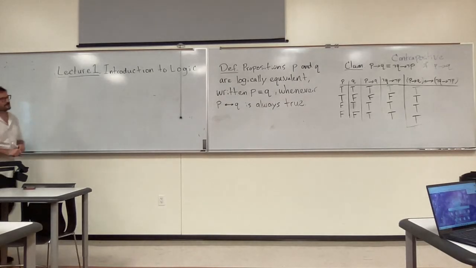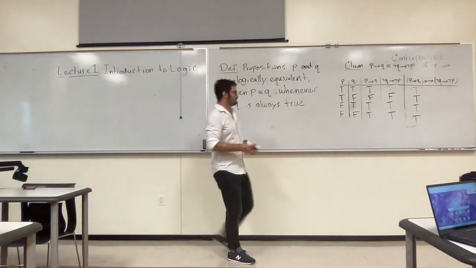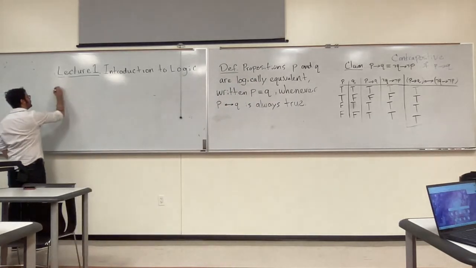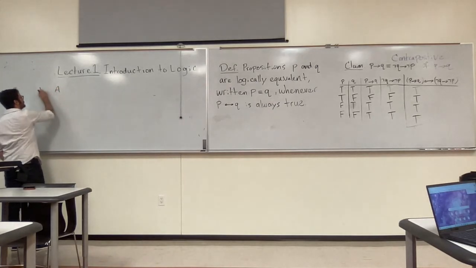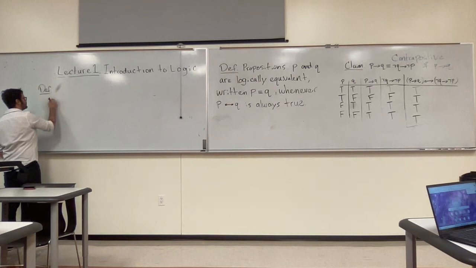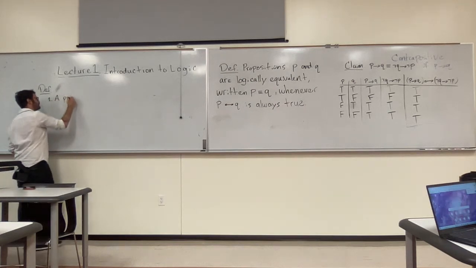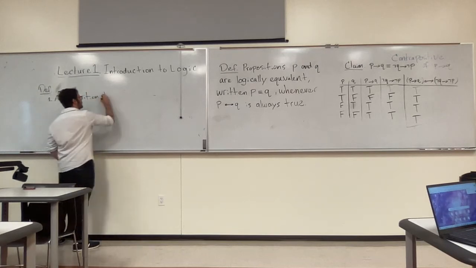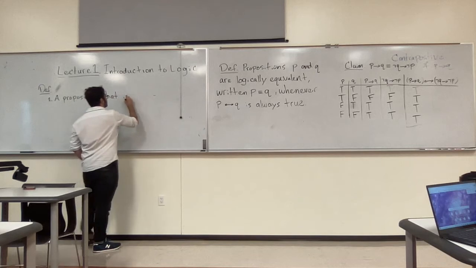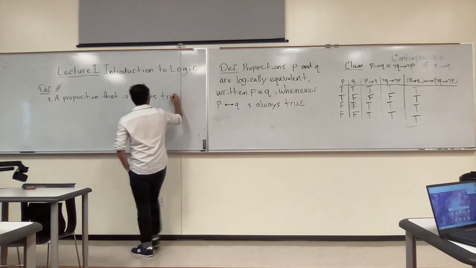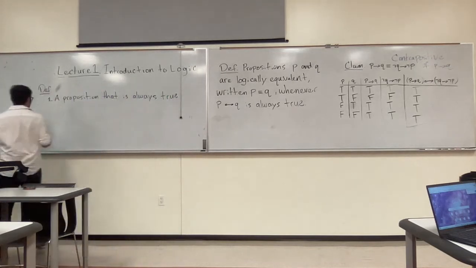Now, we should introduce a way of describing something that is always true with a single term. So, again, a definition. A proposition that is always true is called a tautology.